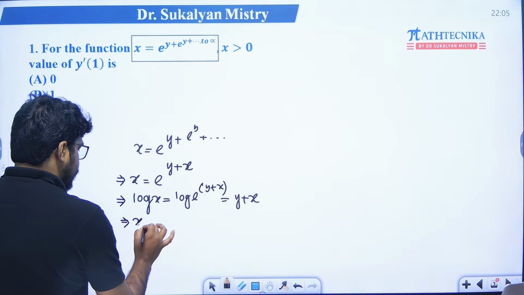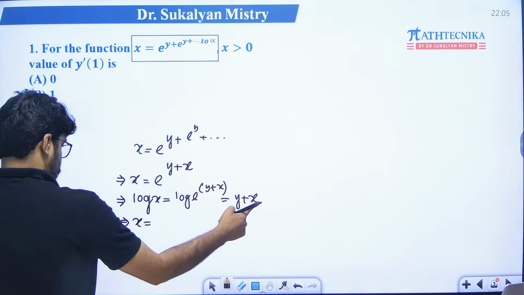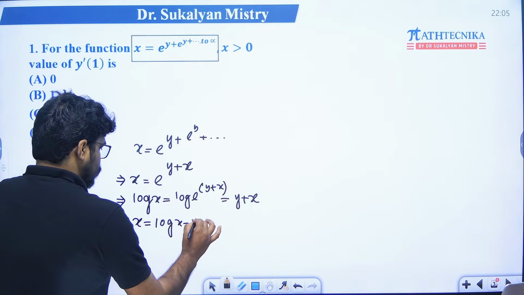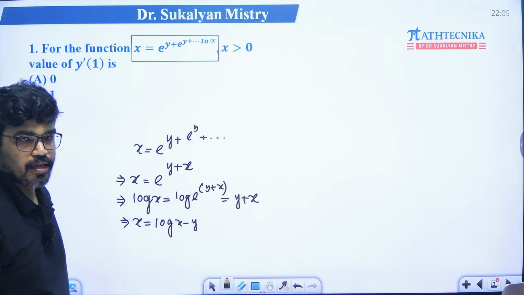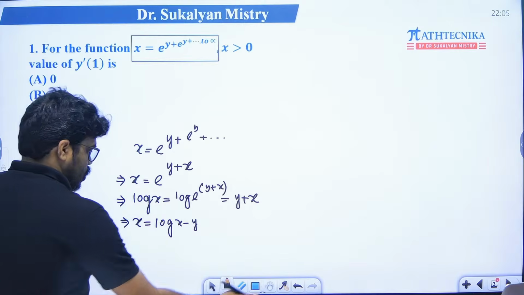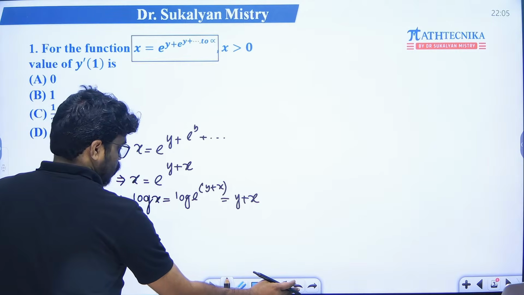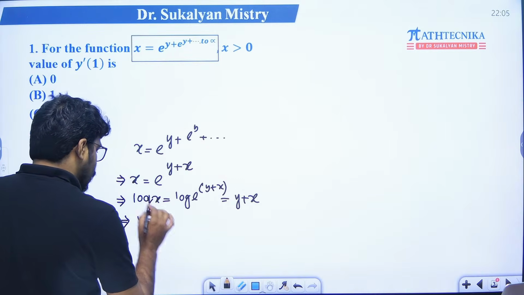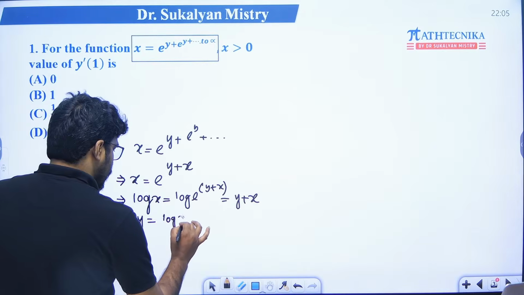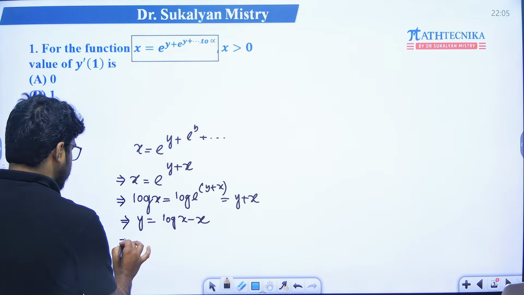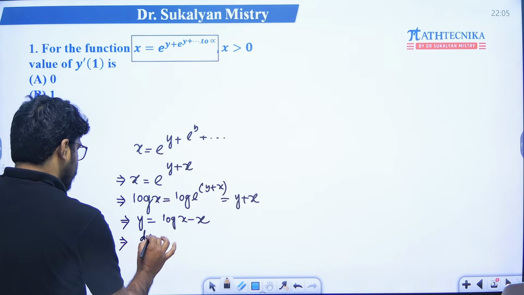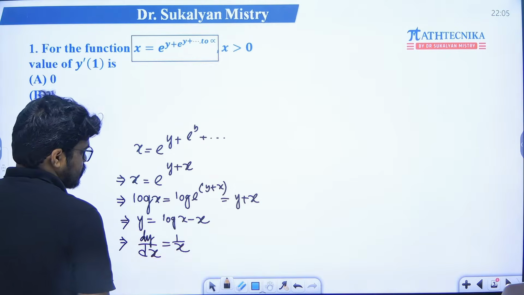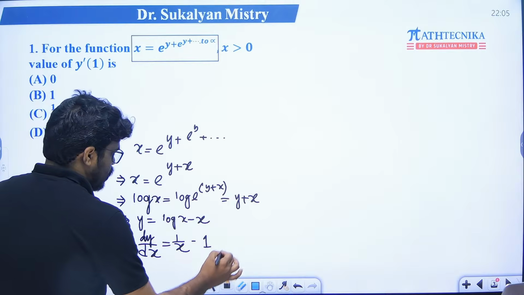We have to calculate y dash 1, right? So this implies y is equal to log x minus x. So now differentiating this, dy/dx is 1 by x minus 1. Clear?